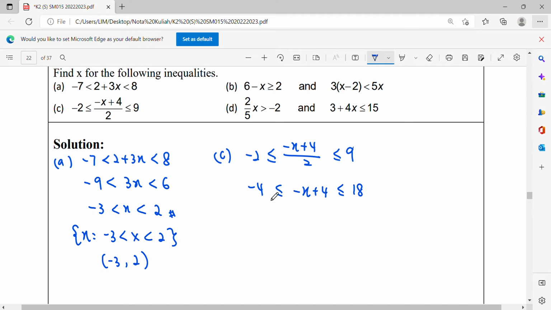So minus 4 here will give you negative 8, and at the same time, here minus 4 will get you 14. But when you want to divide by negative 1, you need to change your sign. So divide by negative 1, it becomes positive 8.